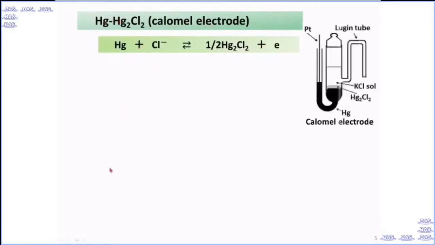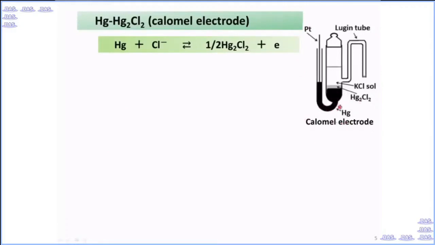Another reference electrode is the calomel electrode. It is composed of mercury and mercury chloride. The reaction is like this, and this is a schematic presentation of the calomel electrode.